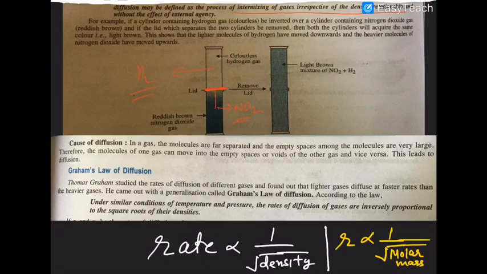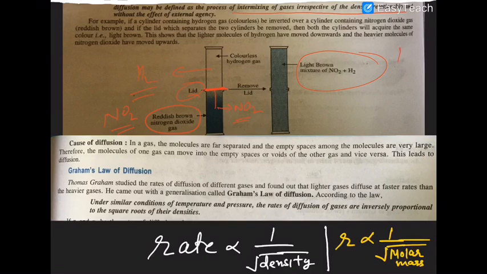If you allow the lid to be removed, then what will happen? Earlier the reddish brown portion because of NO2 gas is there, and the upper portion is colorless. But if you remove the lid, after some time you will find a light brown color throughout the mixture, throughout the jar.